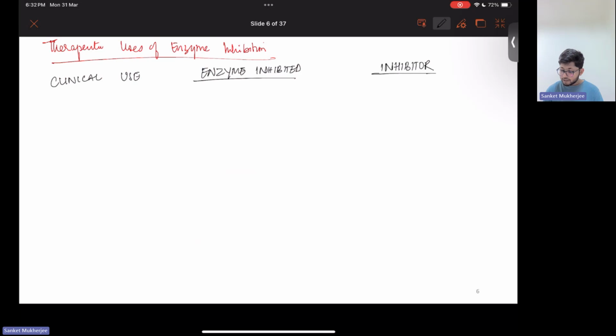Fine. We will look at these. So the clinical use, for example, for epilepsy, we have GABA transaminase, and it inhibits. The inhibitor is vigabatrin.